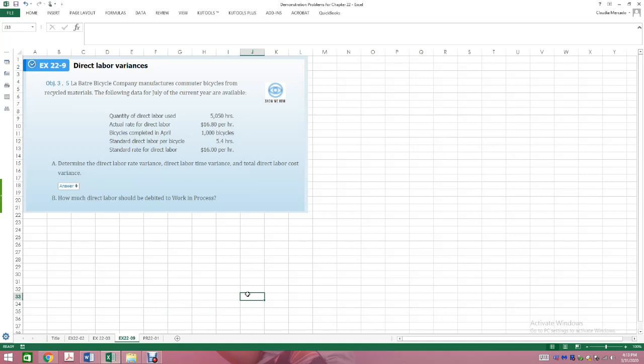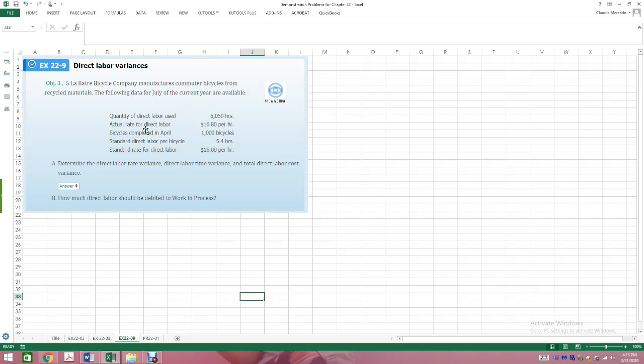Good. Okay, we're moving on to exercise 22-9. It says here, La Batterie Bicycle Company manufactures commuter bicycles from recycled materials. The following data for July for the current year are available. The quantity of direct labor used, 5,050 hours.